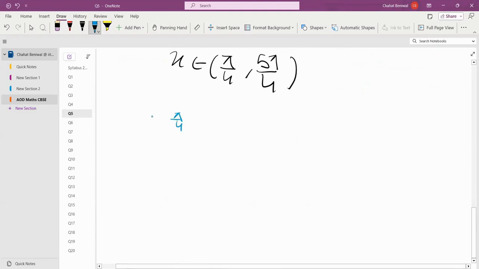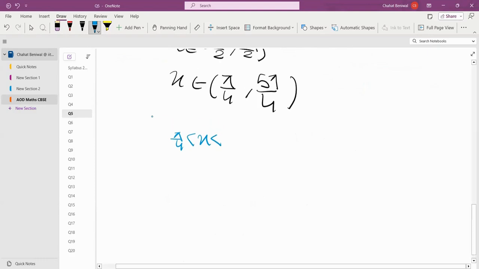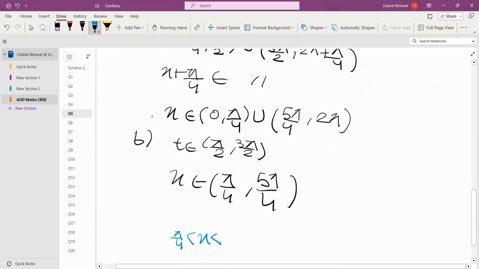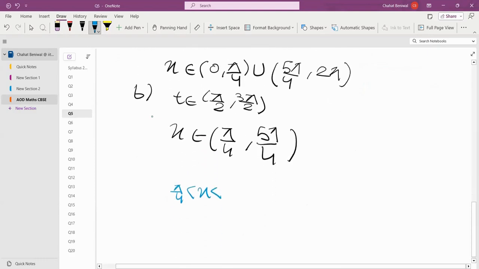Then t is between pi by 4 to pi by 2. Since we are taking t, we can substitute for x later.